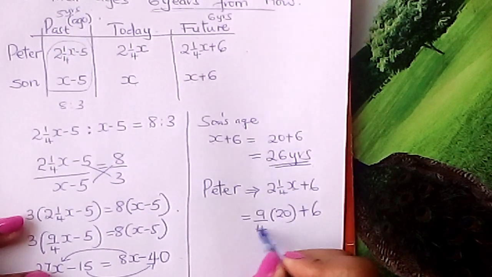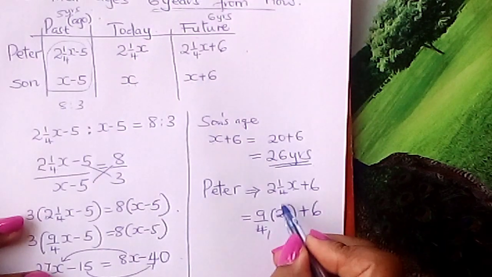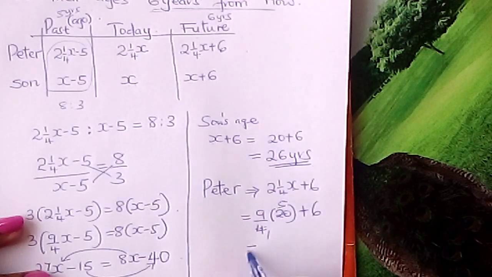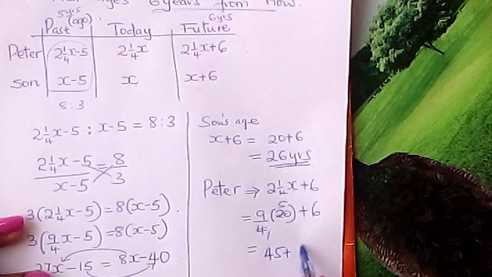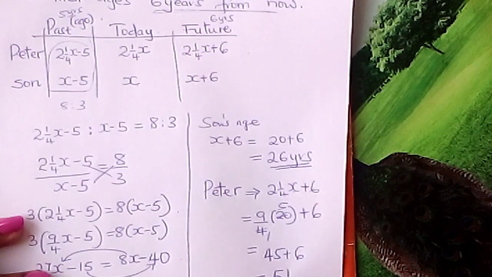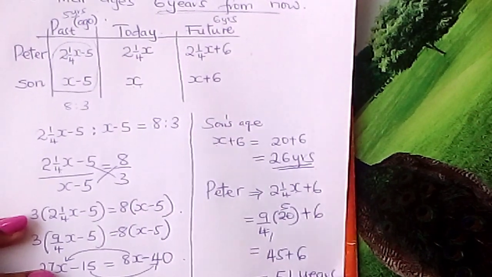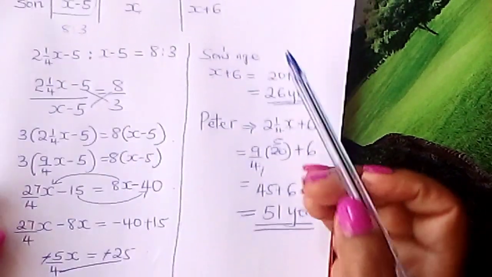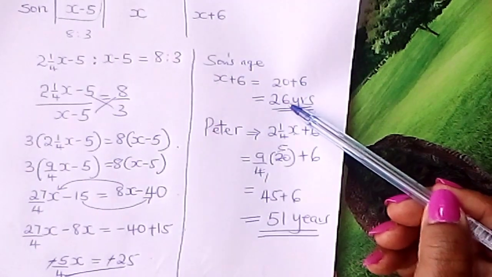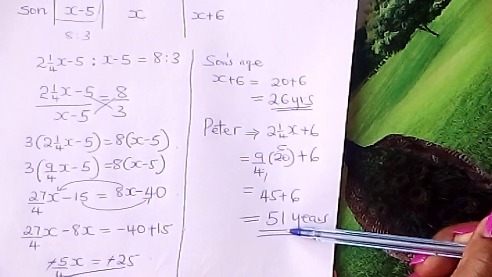You work out this: 4 into 20 is 5, times 9 gives you 45, plus 6, which gives you 51 years. So in 6 years time, learner, the son will be 26 and the father will be 51.